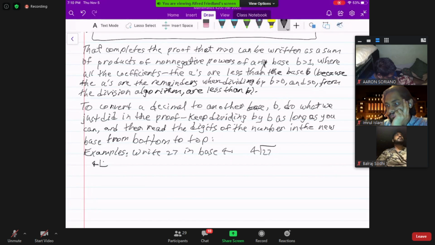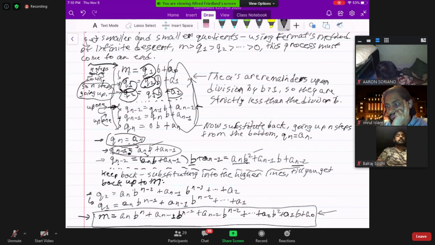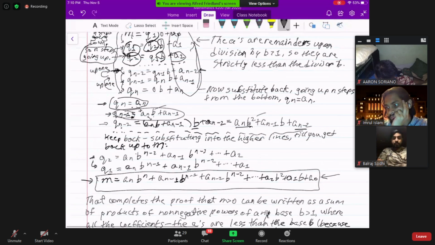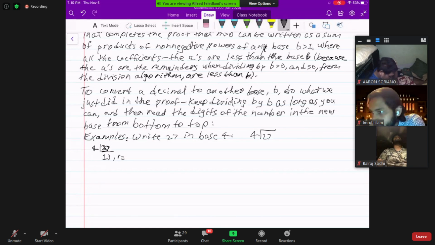So 4 into 27. So that is 13. And then keep track of the remainders, right? Because it's the remainders over here. The A's are remainders, and the A's are the digits of the number, the A sub n, and so on. So keep track of the remainders. I'm sorry, we're doing 4 into 27.